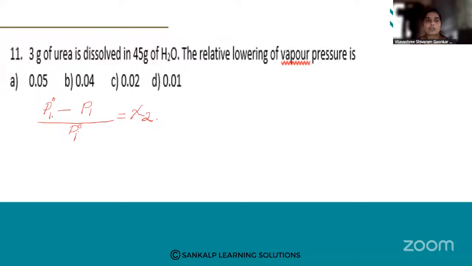Here P0 of 1 means vapor pressure of component 1 in its pure form. Vapor pressure of solute in its pure form minus vapor pressure of solute divided by vapor pressure of solute in its pure form is equal to mole fraction of solvent.